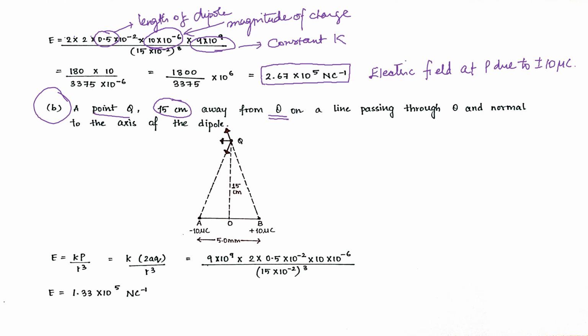So what will be this distance? It will be 15 square plus 0.5 square under the root.